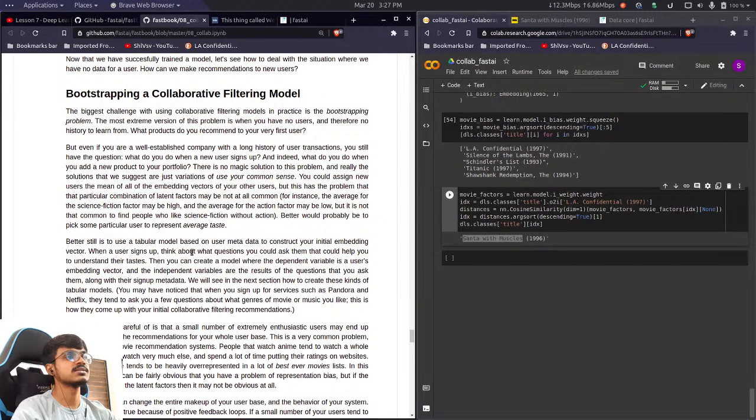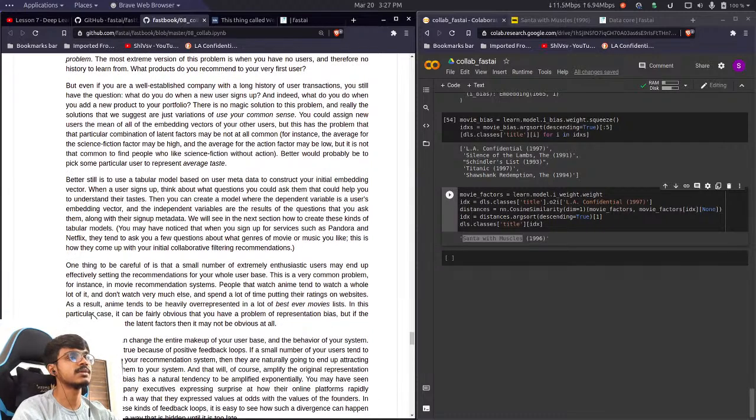When a user signs up, think about a question you could ask them that would help you to understand. That's all what I said or suggested. Then you can create a model where the dependent variable is a user's embedding vector, and the independent variables are the results of the questions that you ask them, along with the sign up data. We'll see in the next section how to create this kind of tabular model.